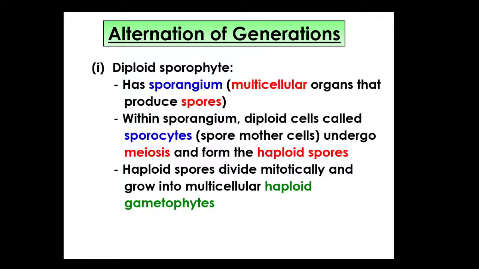In this alternation of generations, your diploid sporophyte will have a sporangium, which is a multicellular organ that produces spores. In that sporangium, diploid cells called sporocytes, which can be megasporocytes or microsporocytes, will undergo meiosis and form haploid spores. Haploid spores will divide mitotically and grow into multicellular haploid gametophytes.